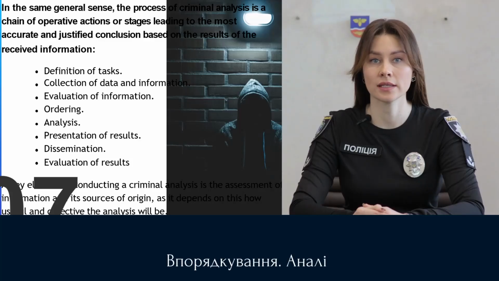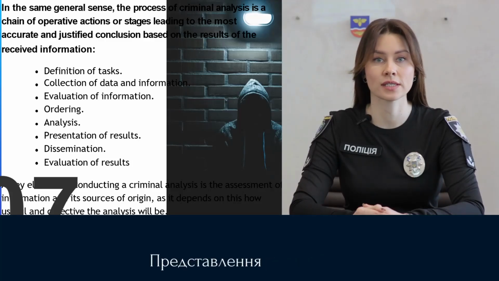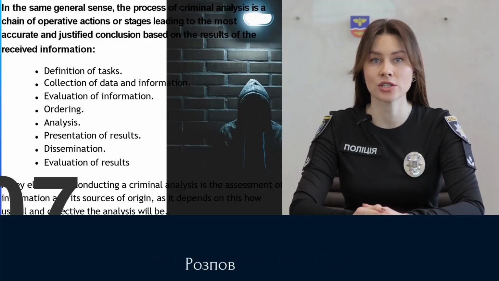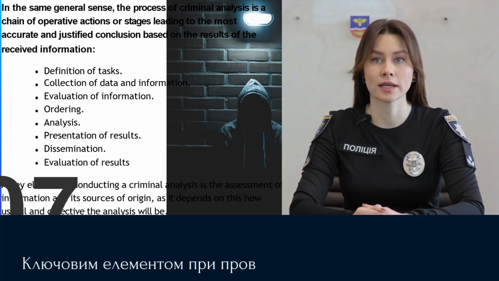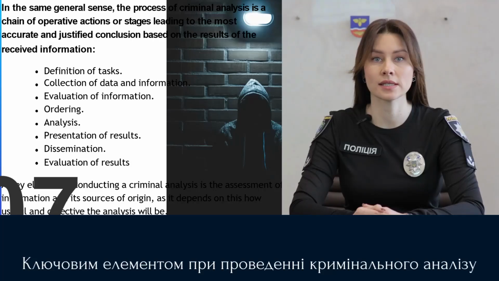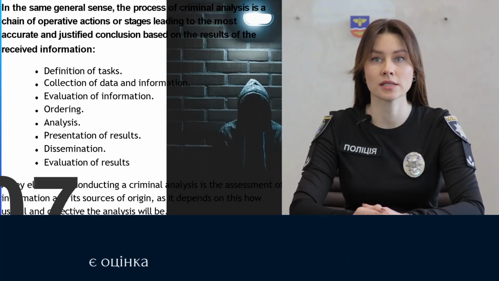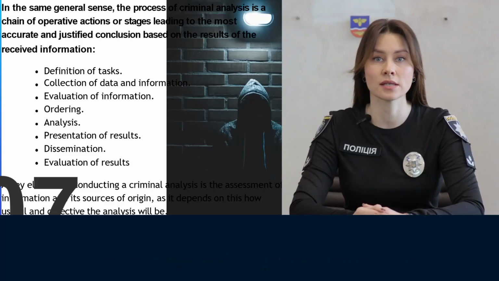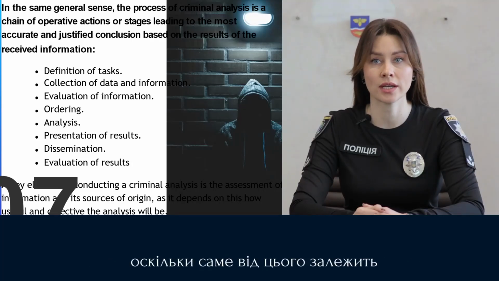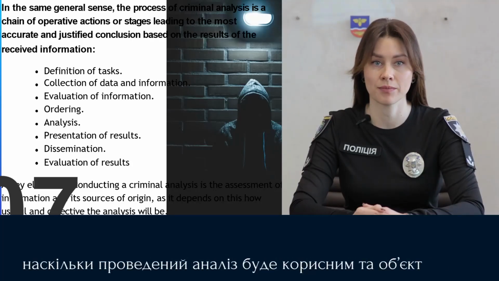Ordering, analysis, presentation of results, dissemination, evaluation of results. A key element in conducting a criminal analysis is the assessment of information and its sources of origin, as it depends on these how useful and objective the analysis will be.